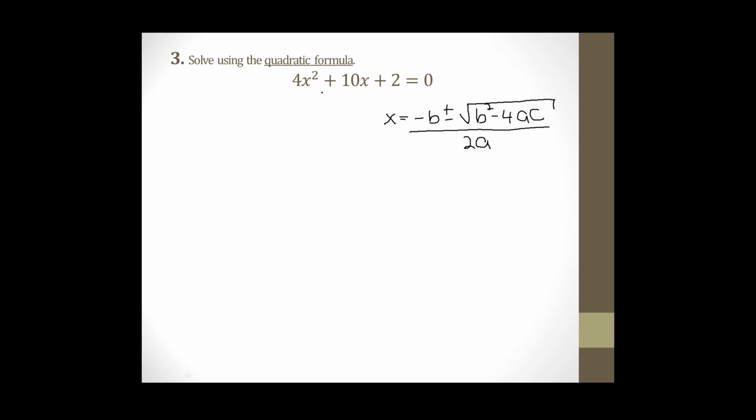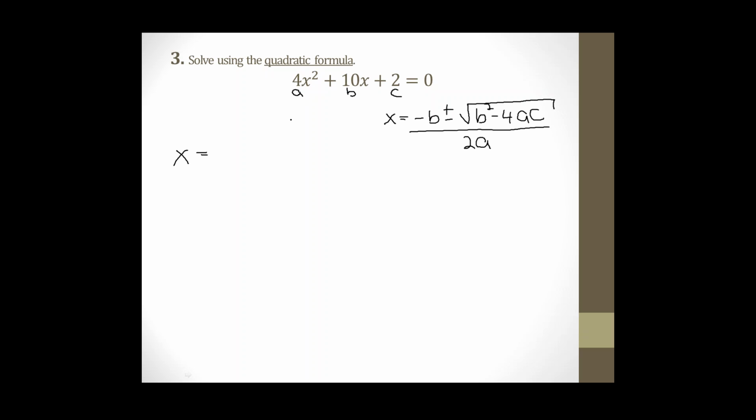Okay, and remember this is representing my a, my b, and my c as long as the equation is set equal to 0. Okay, so I'm going to use my formula and I'm going to plug in my values.